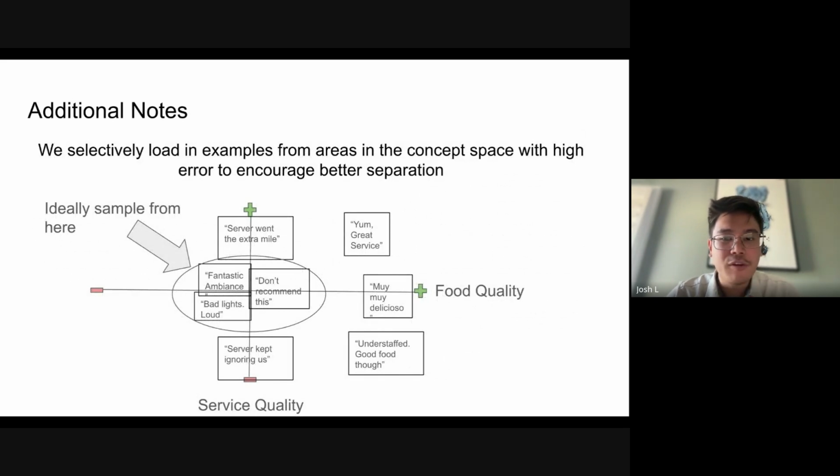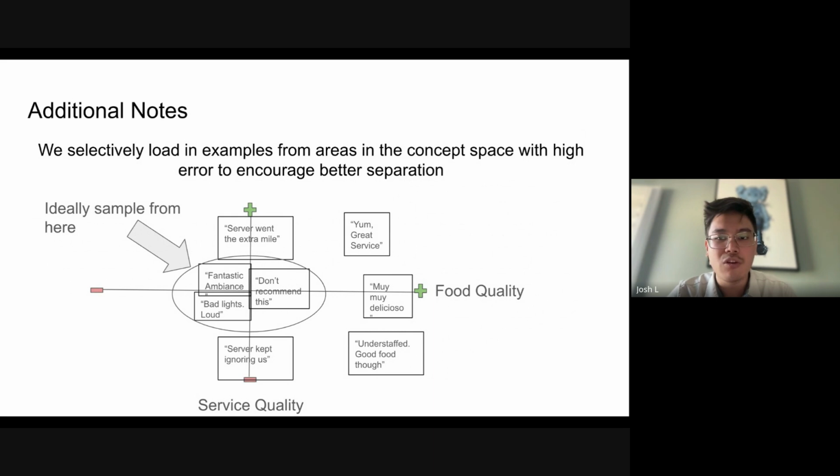And there was a question earlier about how we decide which examples to load into the prompt for concept generation. We essentially load in examples from areas in the concept space with high error. For example, you have a concept space here with two existing concepts, one for service quality and another for food quality.